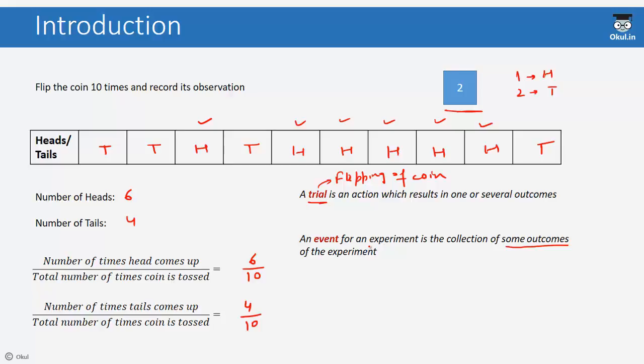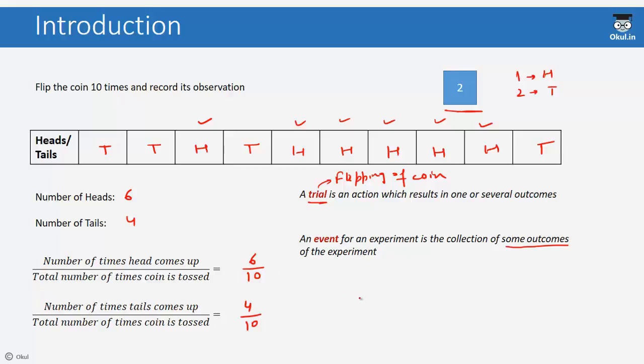Now, if I am looking for tails, then coming up of tails will qualify for a favorable event. And if tails does not comes up, then I can say that a particular event has not occurred. So the difference between a trial and an event is that trial comprises of all outcomes, whereas an event comprises of outcomes that we are looking for.